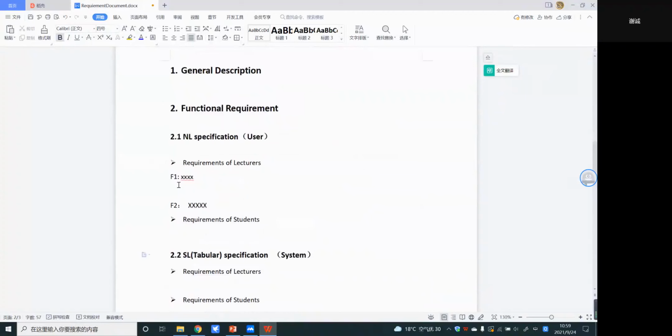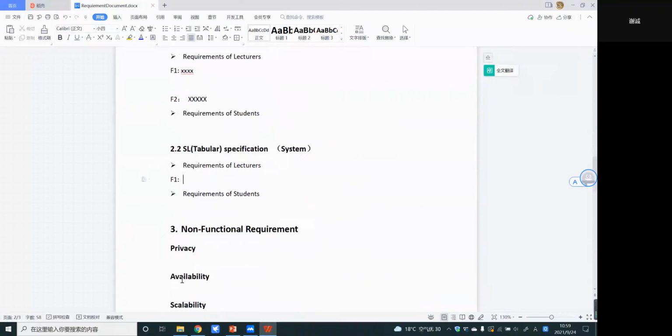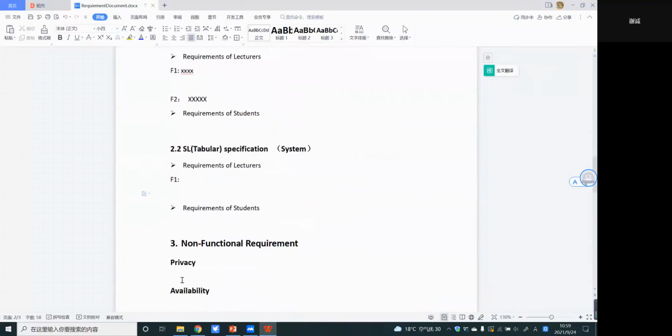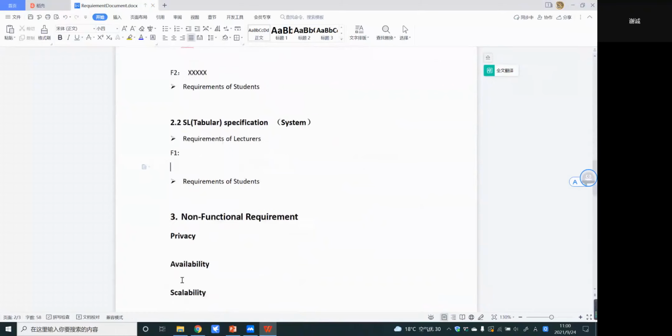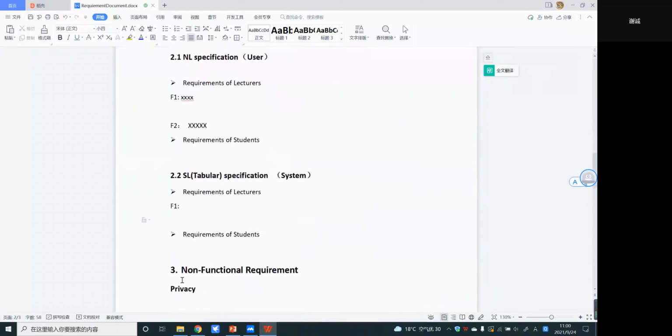For the same function, F1, you should write F1 again, but in a different way. Is that clear? Is that clear for your homework?